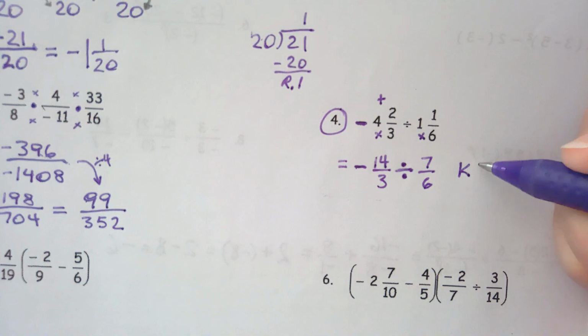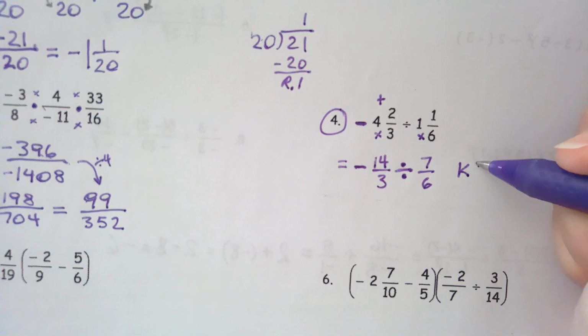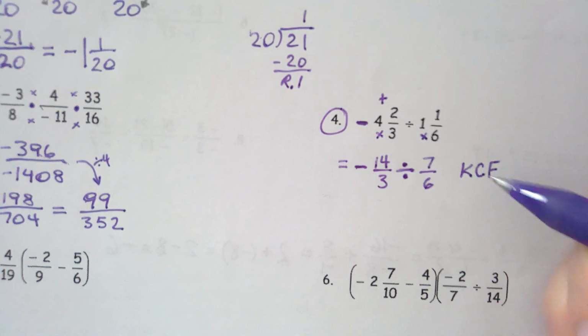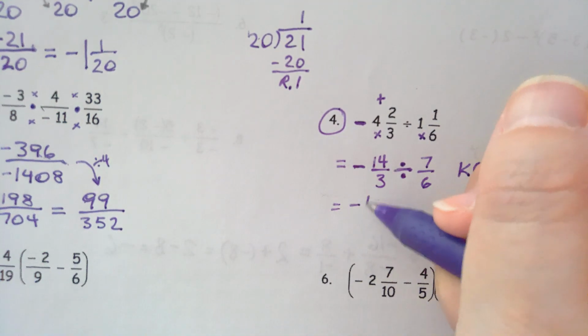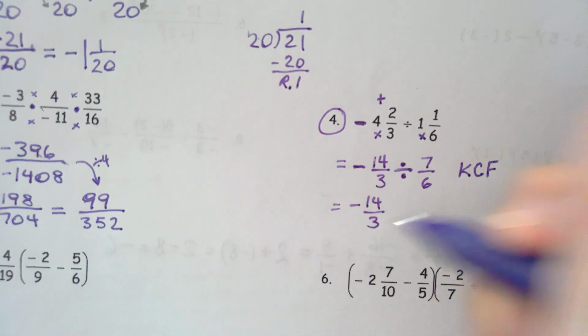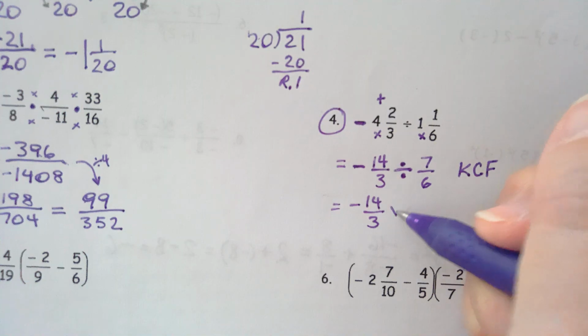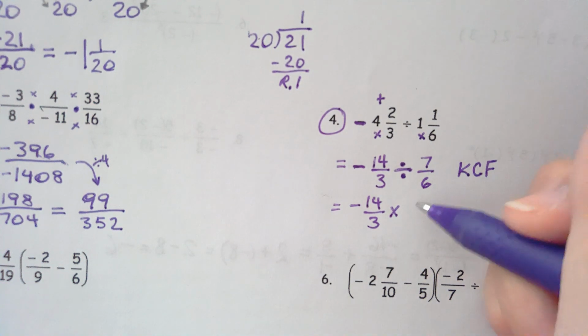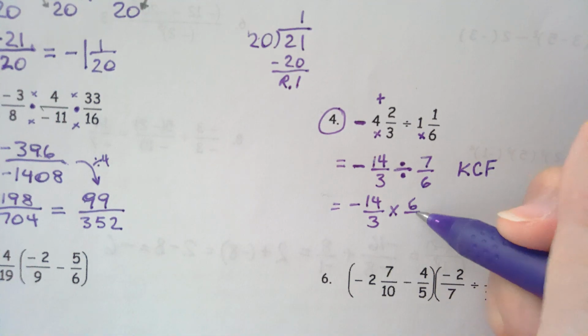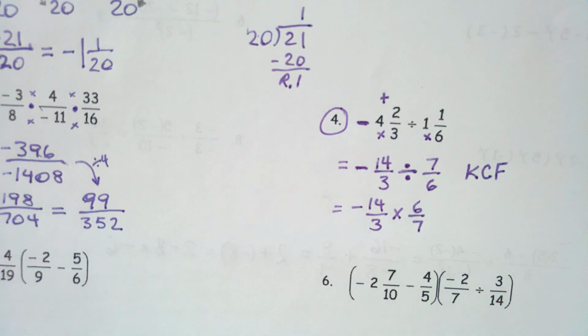So KCF, keep, change, and flip. So keep the first fraction, change the sign to now times, and flip the second fraction. So instead of 7 over 6, it's now 6, 7.